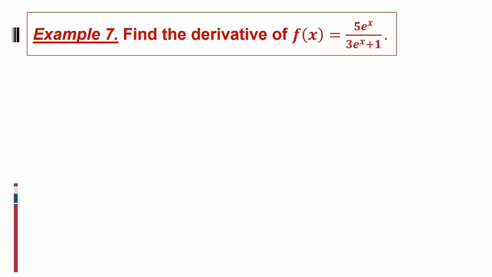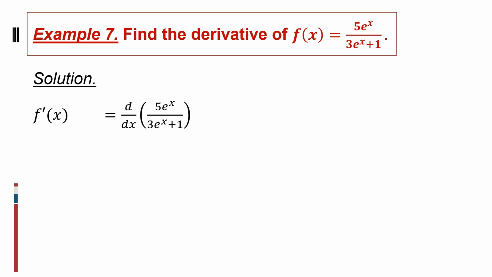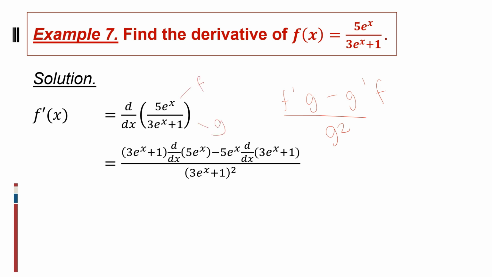Example number 7, let's find the derivative of f of x equals 5 times e raised to x all over 3 e raised to x plus 1. So since we have a quotient here, gamitin natin ngayon yung quotient rule. That is f'g minus g'f all over g squared. So this is our f and this is our g. So we have f prime, times g minus g prime times f all over g squared.